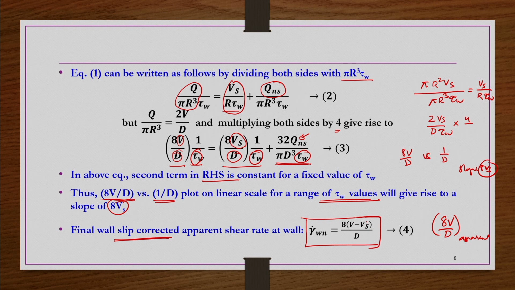Now, after realizing there is fluid slippage at the wall, that is, the fluid is having a certain velocity at the wall, we have to find that velocity and subtract it from the average velocity, then multiply by 8 and divide by D to get the wall slip corrected apparent shear rate. Remember, this is also an apparent shear rate only. It is not the true shear rate if it is a time independent non-Newtonian fluid, right.